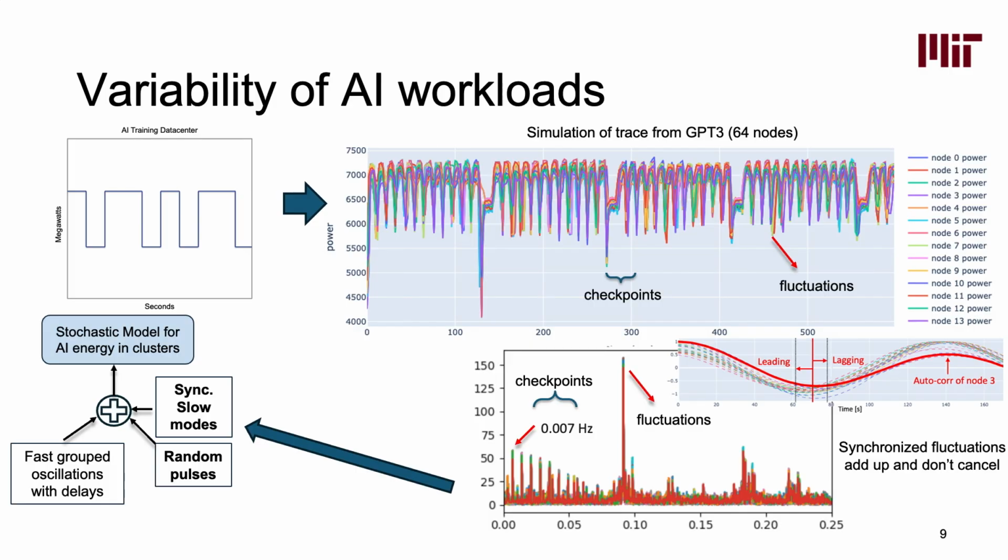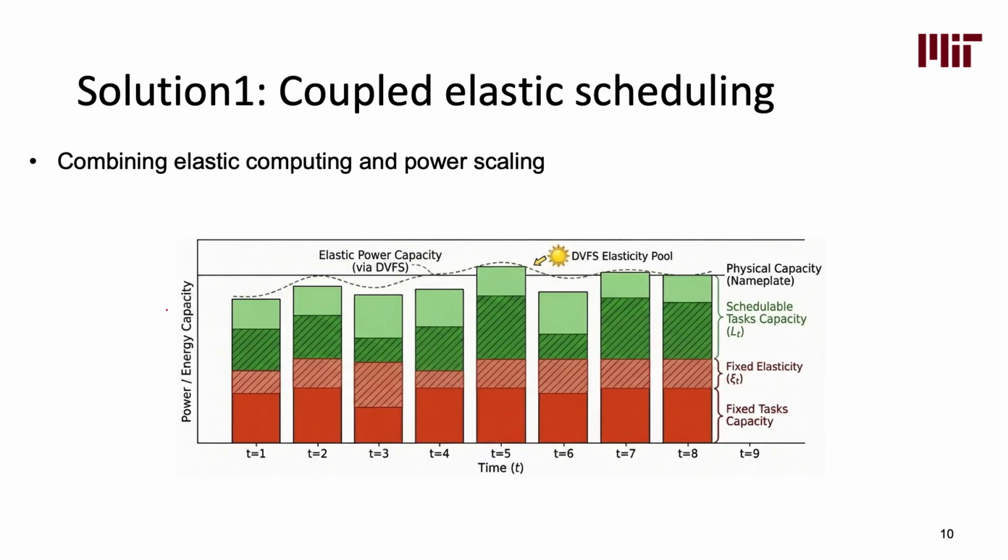We can also analyze the delays of different types of signals, which is very critical to studying grid stability. And when we have a very nice model of the data center loads, specifically this type of AI loads, we'll be able to propose solutions.